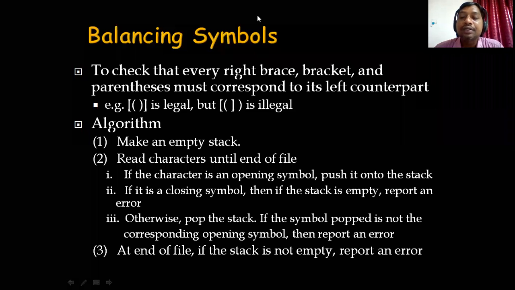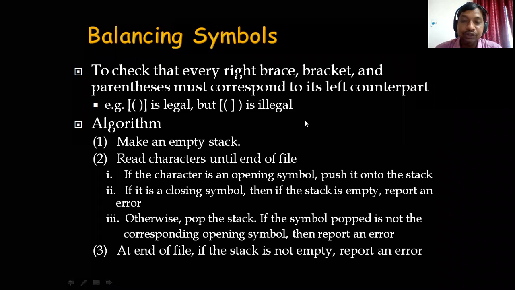So some number of symbols should be followed by the same number of counter symbols. Such things can be done through stacks, which we have seen already in the last lecture.